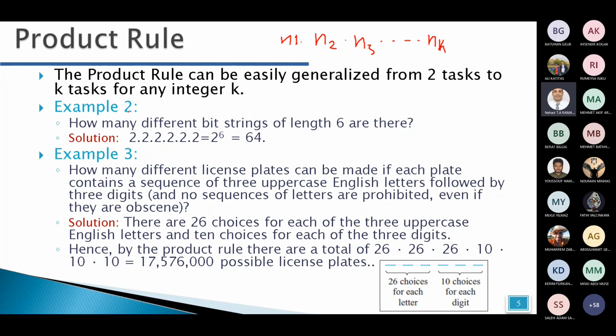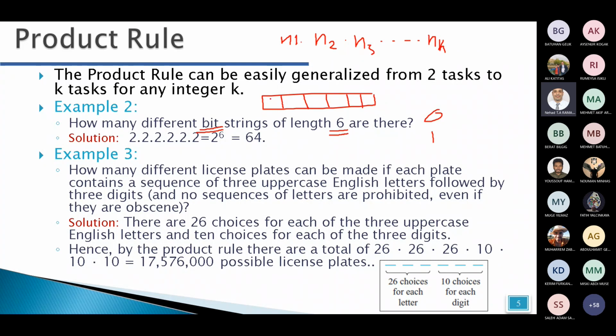For example, how many different bit strings? Bit means 0 or 1. How many different bit strings of length 6? So we have how many digits here? We have 6: 1, 2, 3, 4, 5, 6.